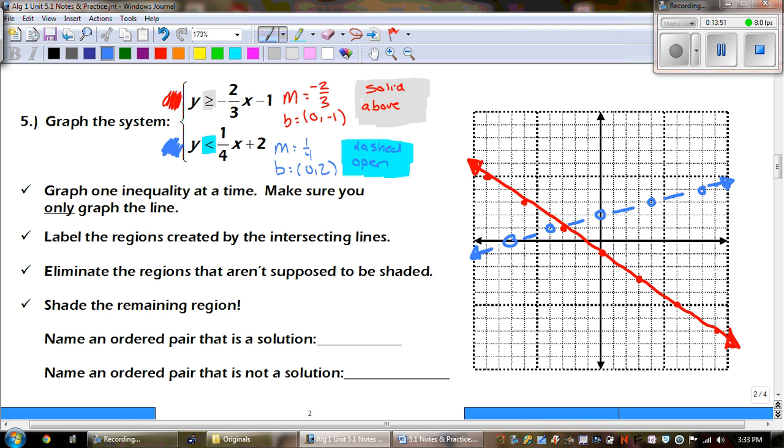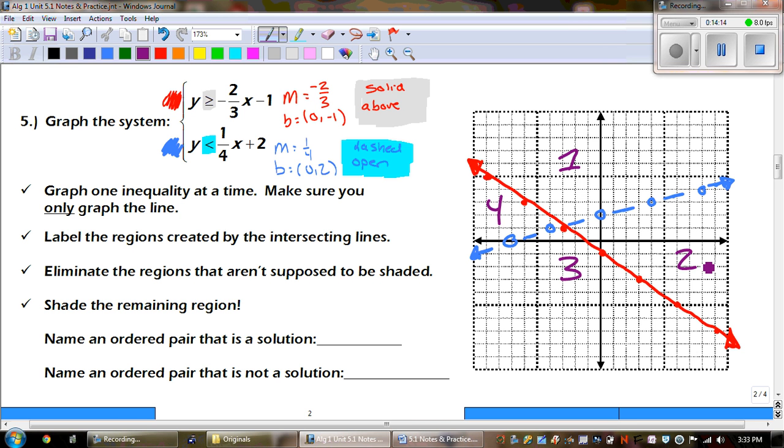So what they said about naming the regions, those two lines created 4 different portions of our graph. Okay, so here's region 1, region 2, region 3, and region 4. I'm going to rewrite that too so you can see it. Okay, so those are my different areas that I can shade.